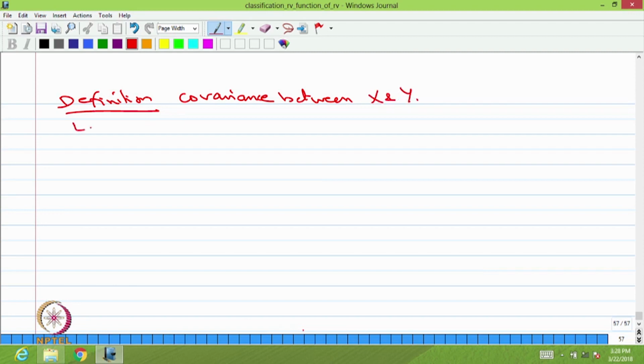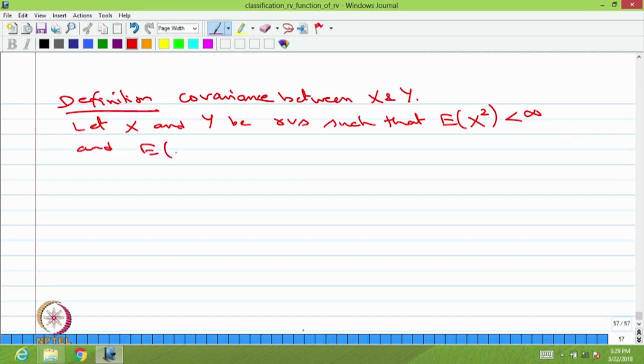Let X and Y be random variables defined on the same probability space such that the second order moment for the random variable X exists and the second order moment for the random variable Y also exists.